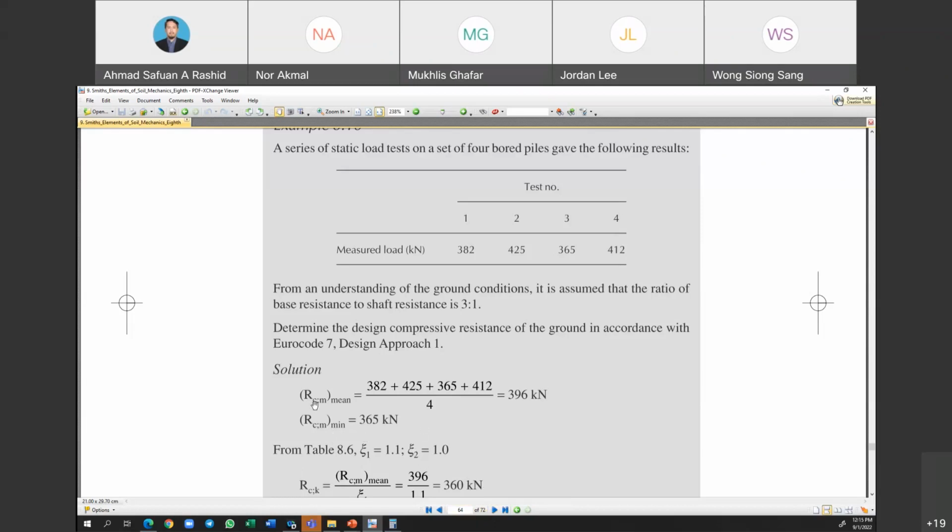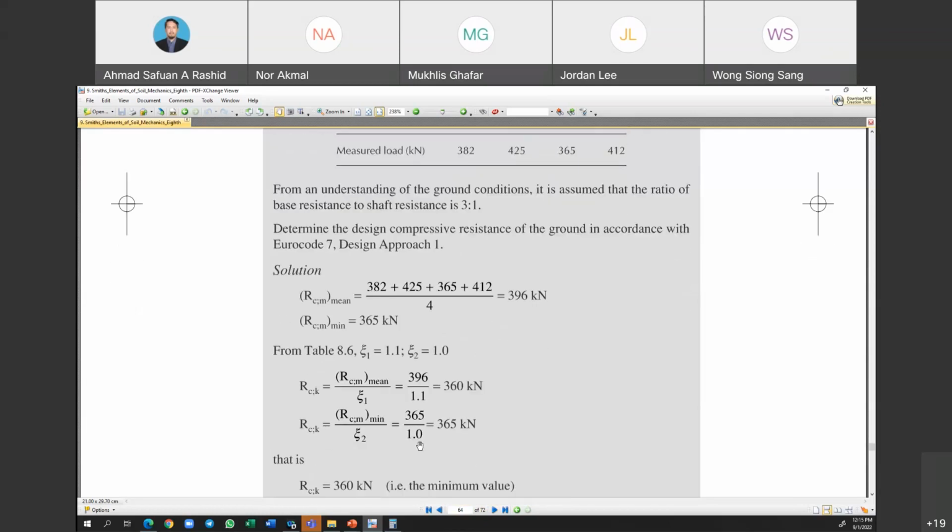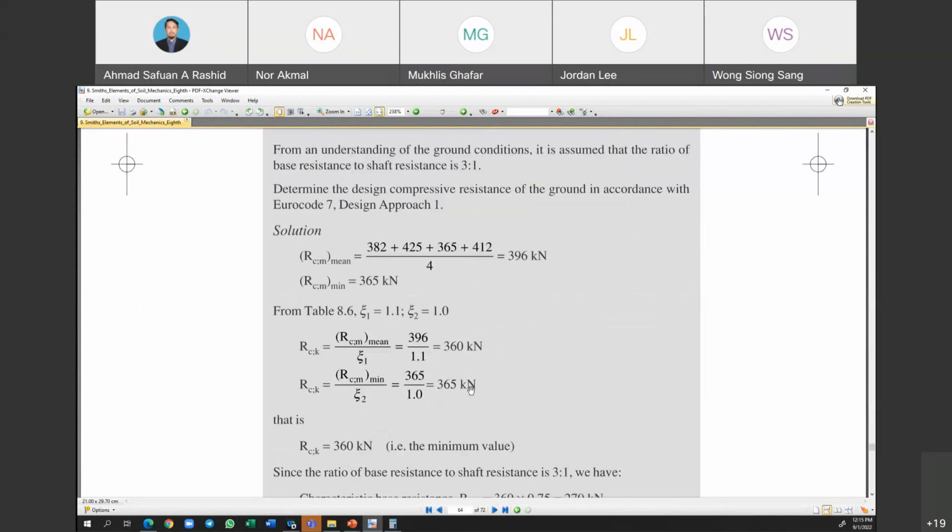The mean is the average, 396, and the min value is the minimum value, 365. When we divide, we obtain 360 as the minimum value.